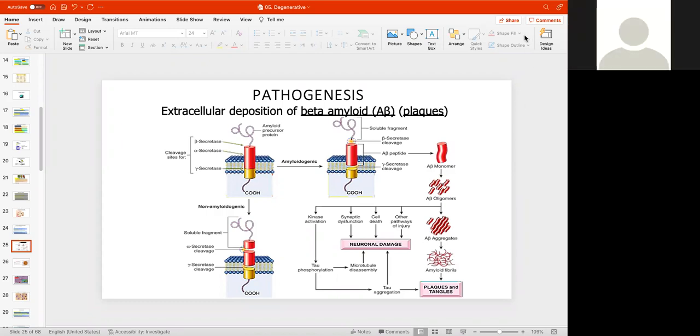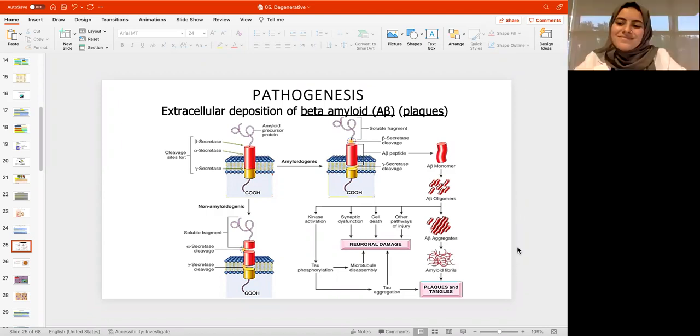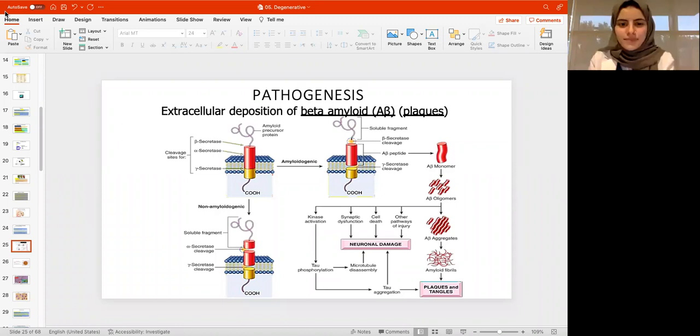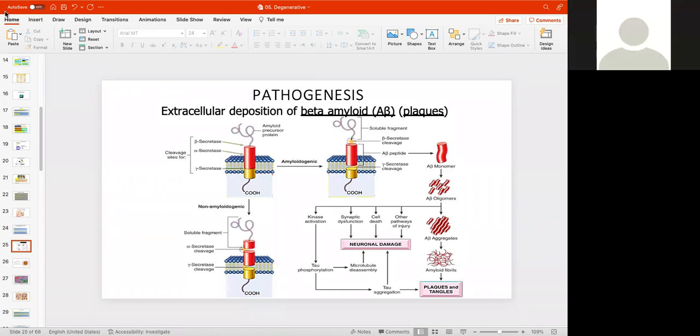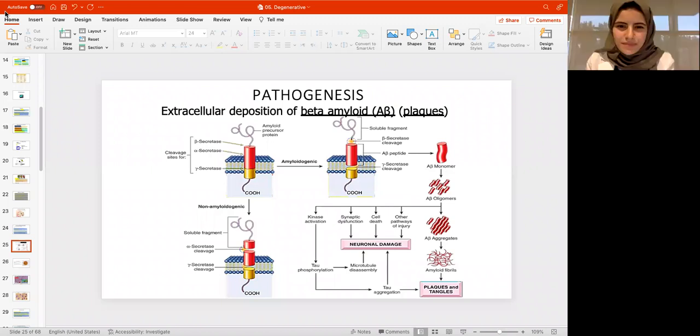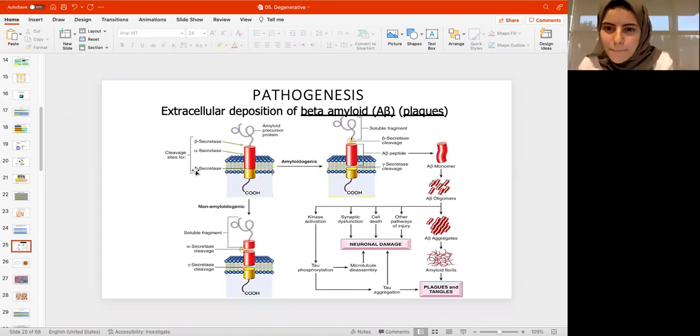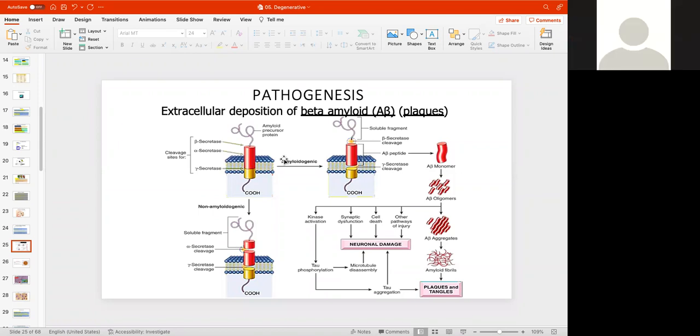Okay, I didn't revise the lecture, but you can see it in the slide. Basically, normally we have the alpha secretase enzyme and gamma secretase enzyme that will cleave the amyloid precursor protein.